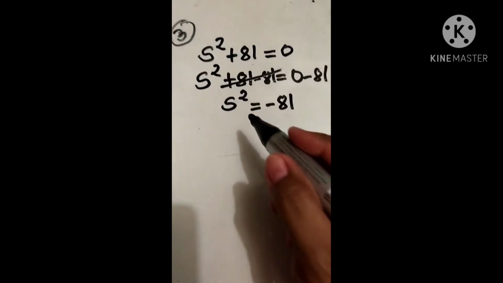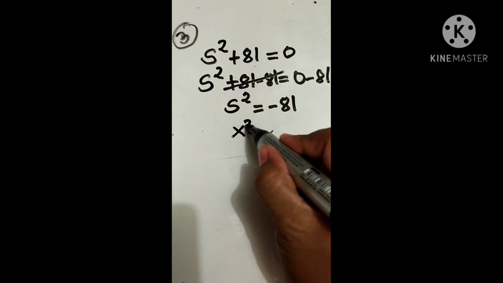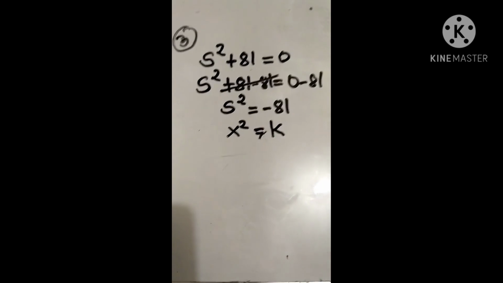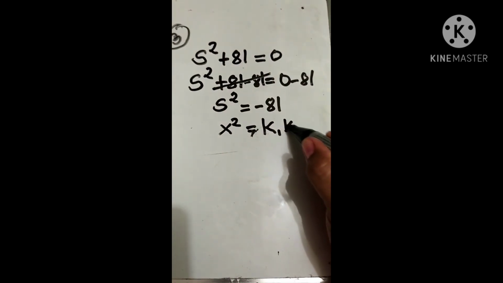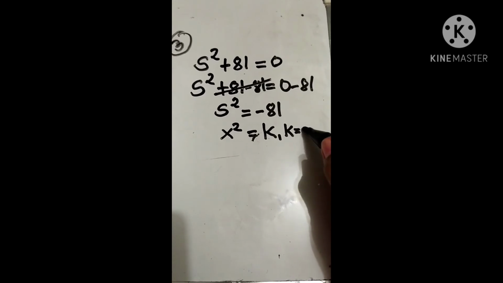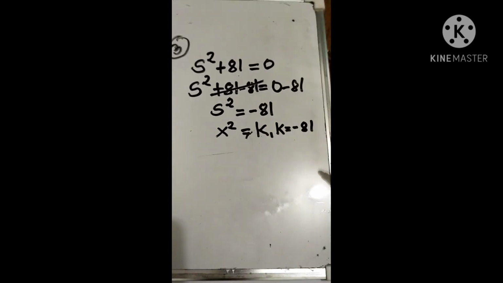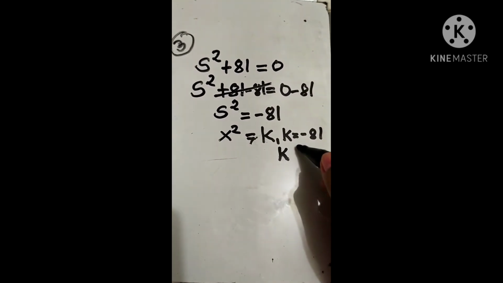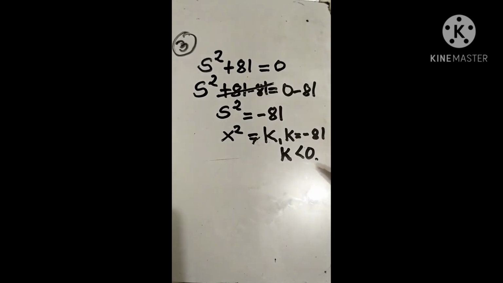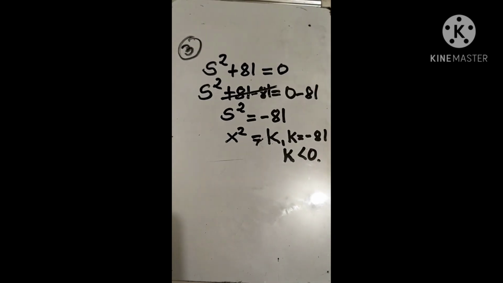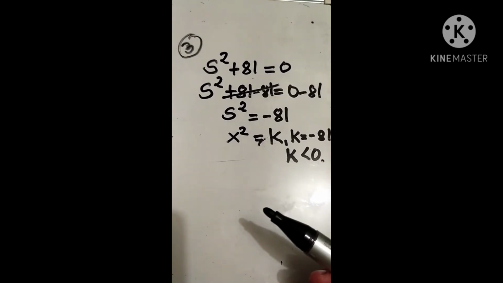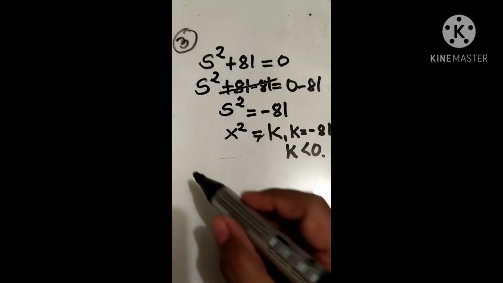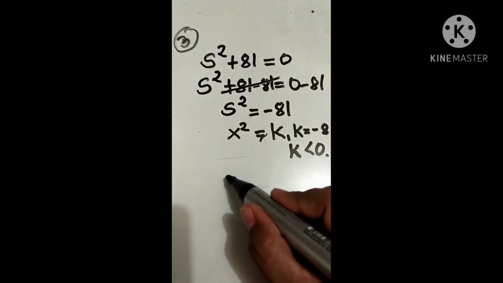This one is already in the form of x squared equals k. From here, you can say that your k is equal to negative 81. Since your k is negative, your k is less than 0. Since k is less than 0, from property number 3, you have no real roots. So you will not solve anymore.